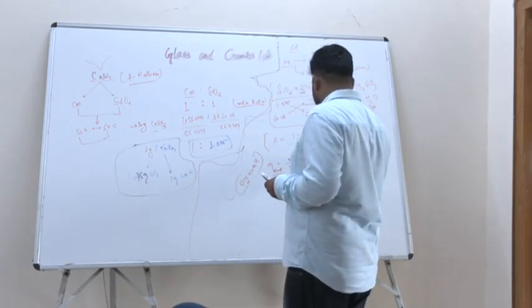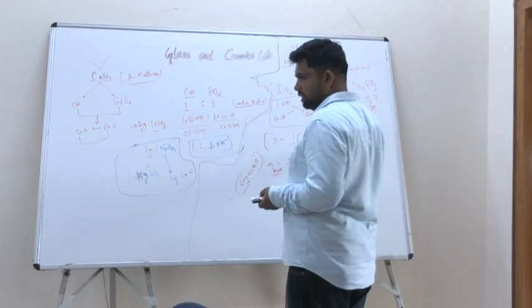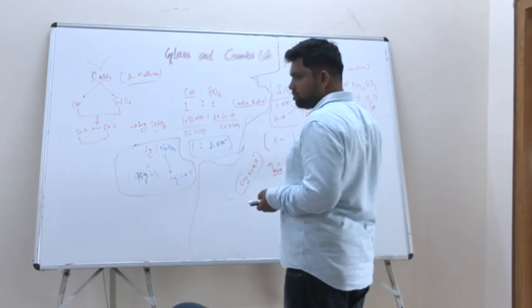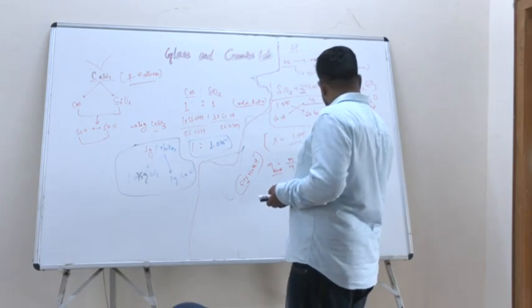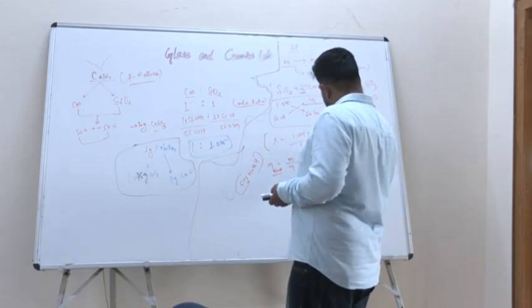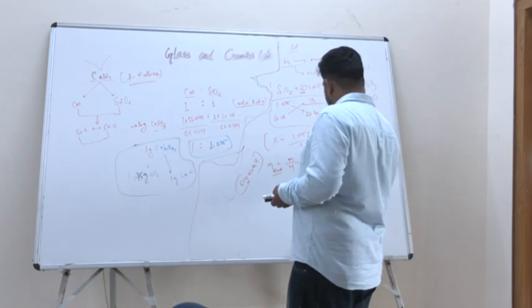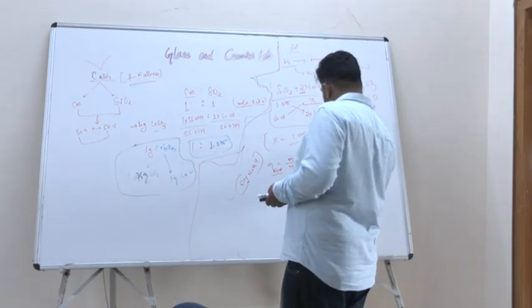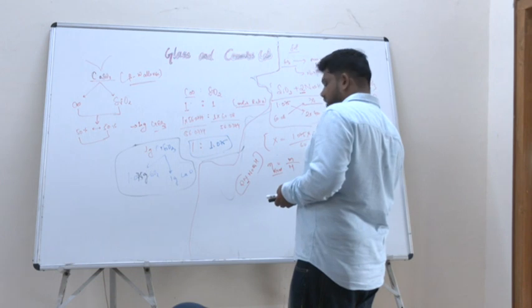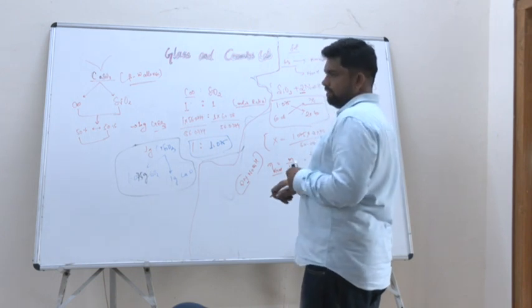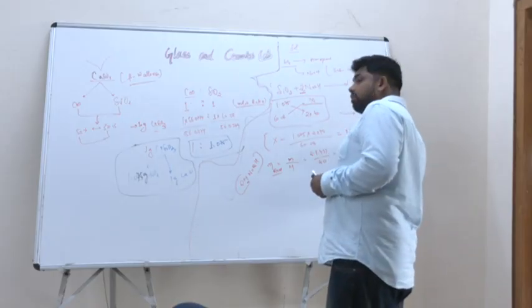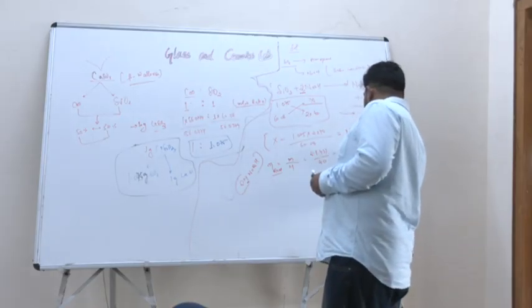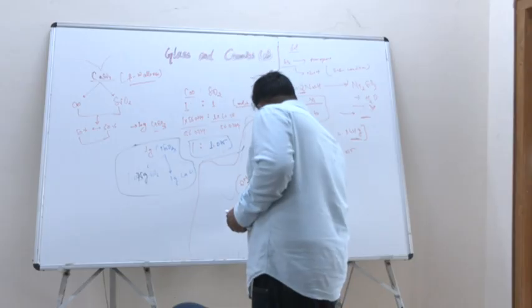So calculate the number of moles of NaOH. Divide 1.431 by the molecular mass of NaOH. Tell me this value. 0.035.